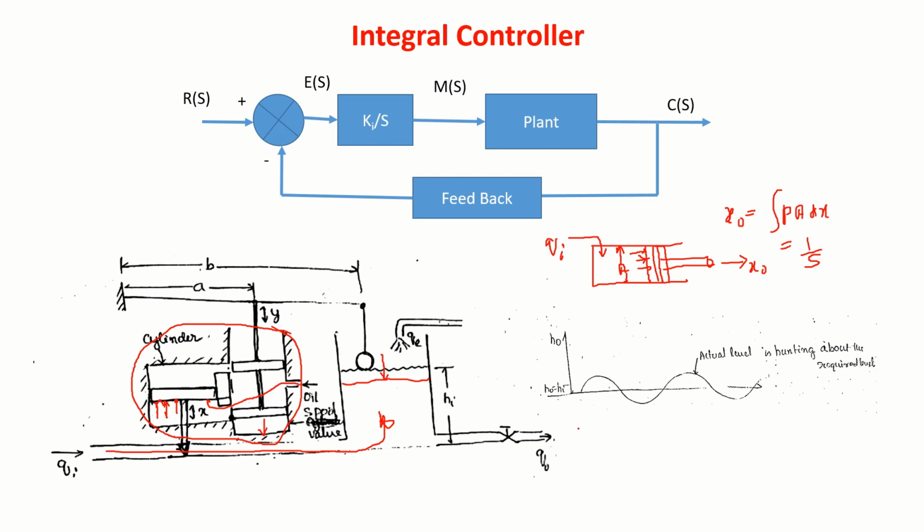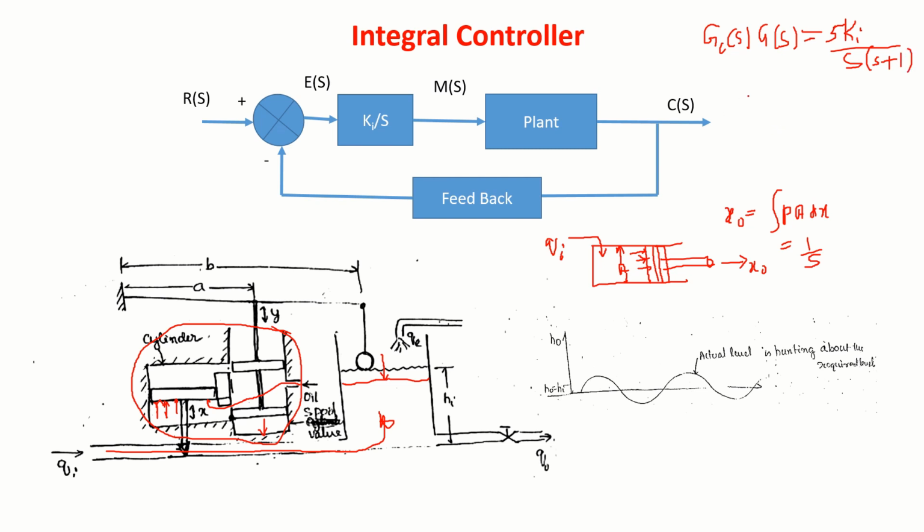Now let us see what really happens. Say Gc(s) is Ki/s, and G(s) is, let us say, 5/(s + 1).